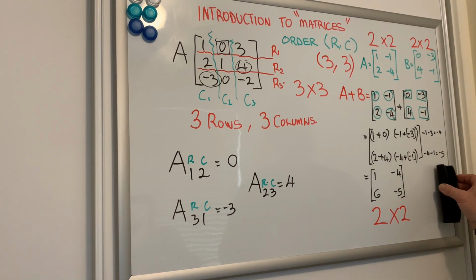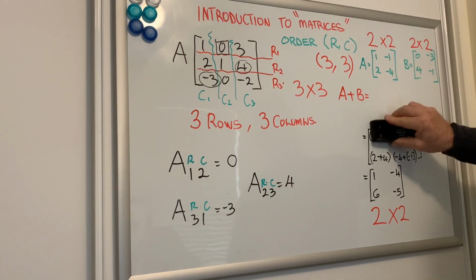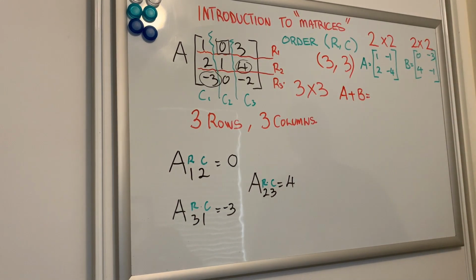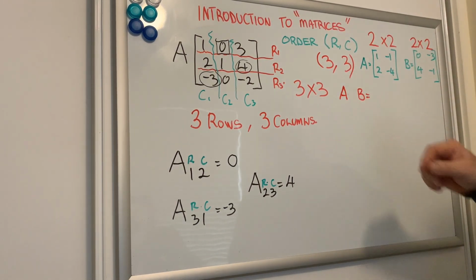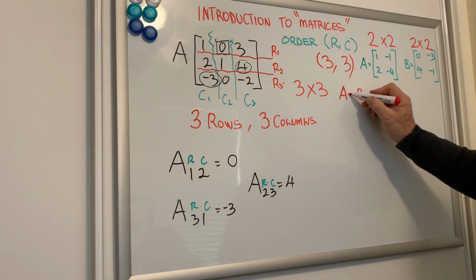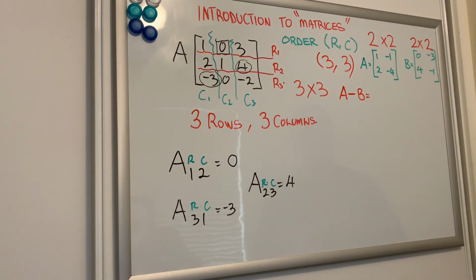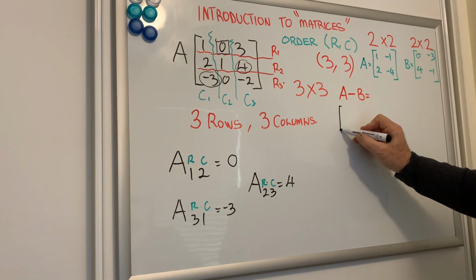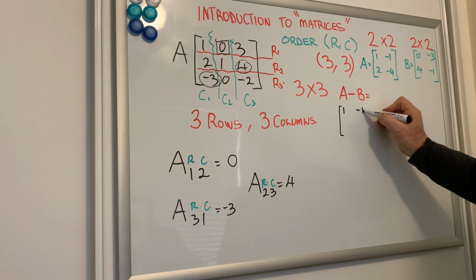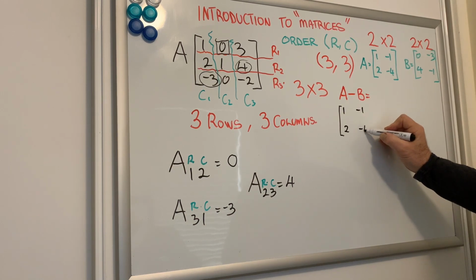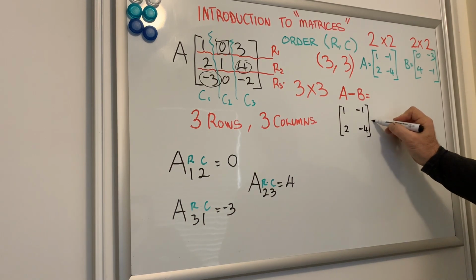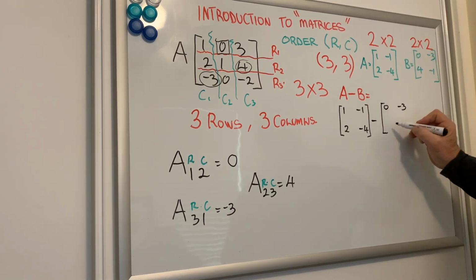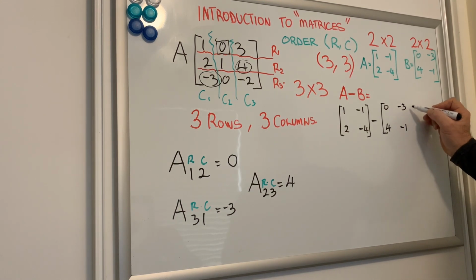Now let's have a look at another example. If we said A minus B, let's see how different that is. So A is 1, minus 1, 2, minus 4 minus matrix B, 0, minus 3, 4 and minus 1.